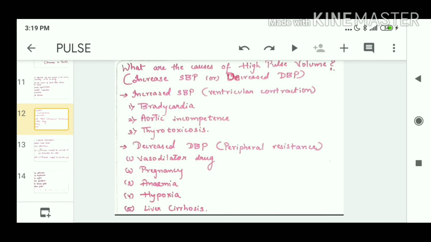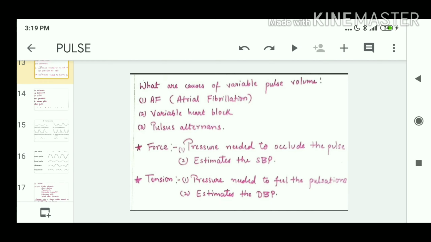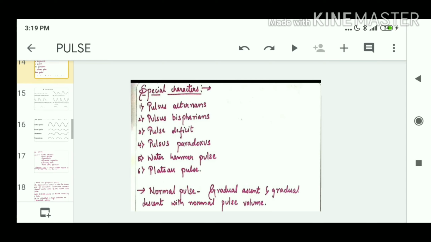Then causes of decreased diastolic blood pressure, increased systolic blood pressure, variable pulse volume, then force, tension, their significance, then special characters: pulsus alternans, pulsus bisferiens, pulsus deficit, pulsus paradoxus, water hammer pulse, plateau pulse, and the differences between all these special characters.